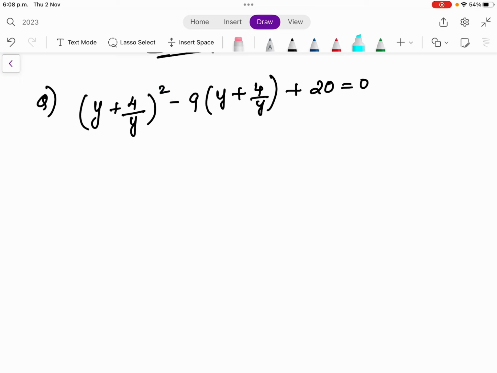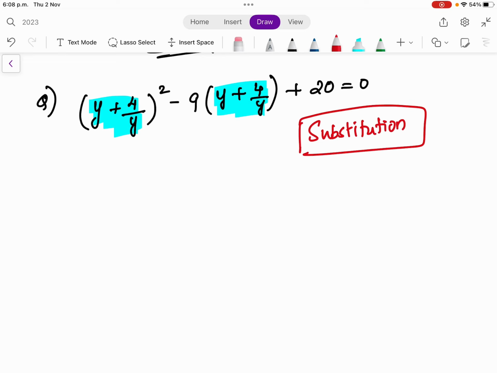But as soon as you see this, you can see that there is a repeating pattern here. There is y plus 4 by y, and there is another y plus 4 by y here. So when you see some kind of repeating pattern in the question, and if it is a quadratic equation, always go for substitution. Remember this, always go for substitution.